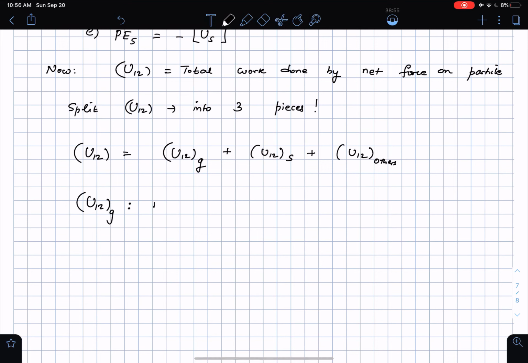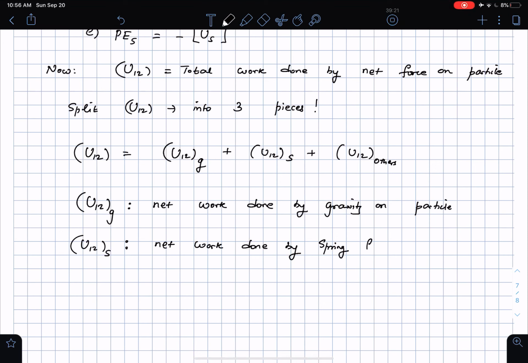U12G is the net work done by gravity on the particle. My writing is all over the place. U12 spring is the net work done by any spring forces, if they are present, on the particle.